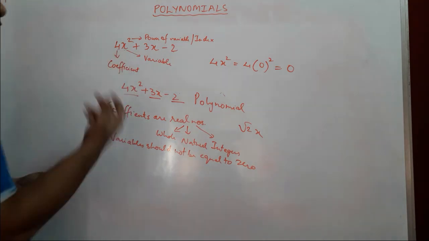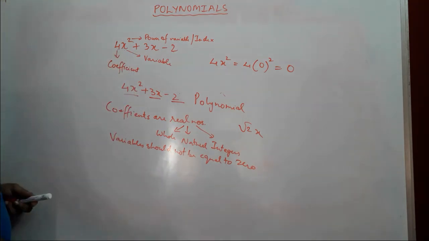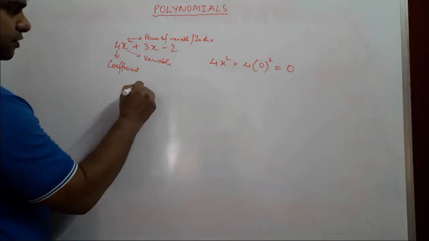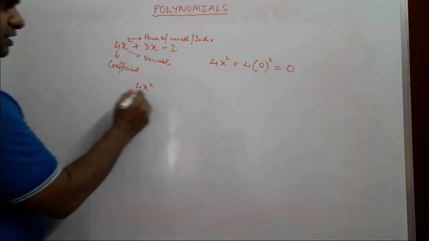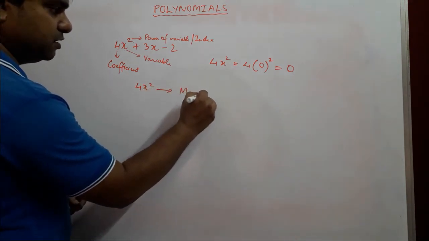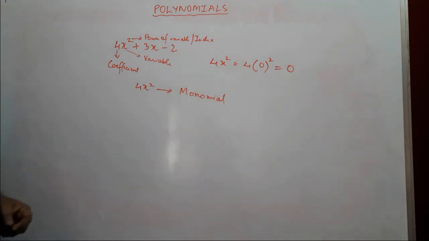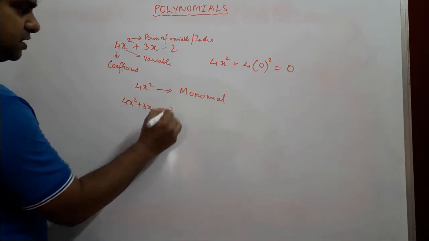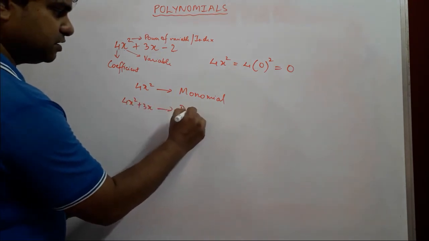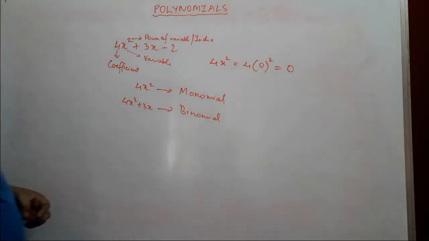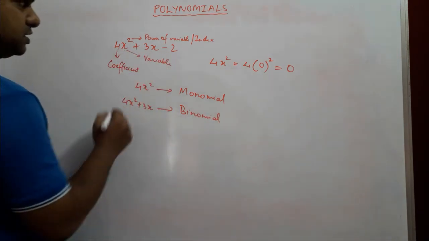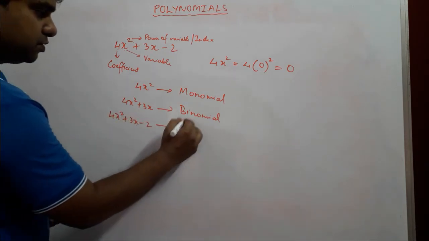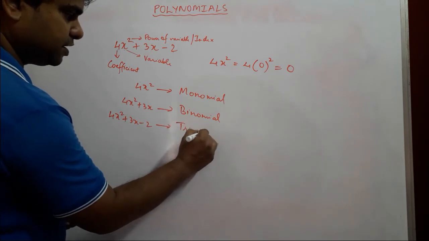What if there is only one term? Then there is a word for it. If we have just one term, let's say it was only 4x square, then this makes up a monomial. If there were two terms, like for example 4x square plus 3x, this is called a binomial. And in this case, where we have three terms, 4x square plus 3x minus 2, we can call it a trinomial.